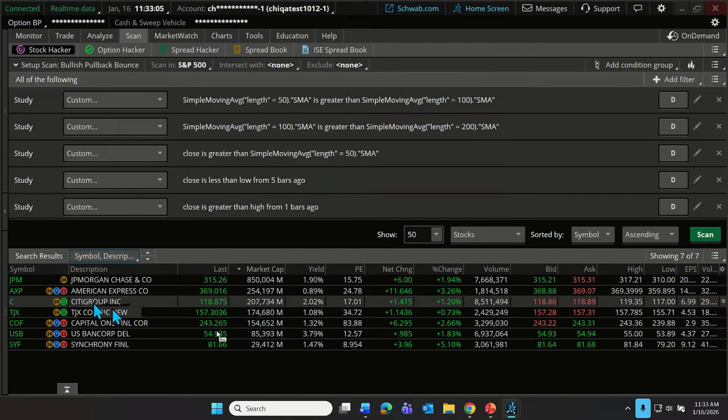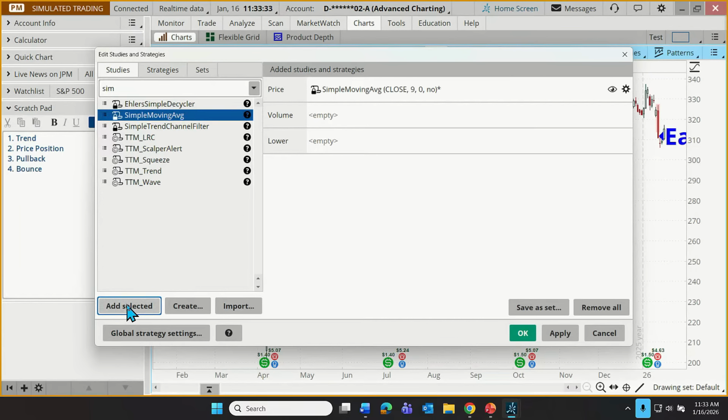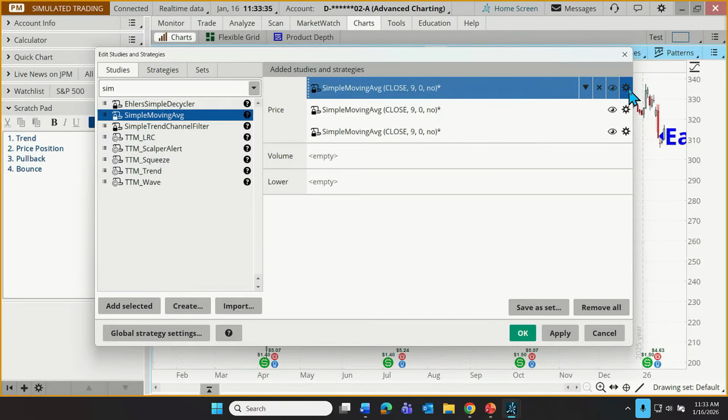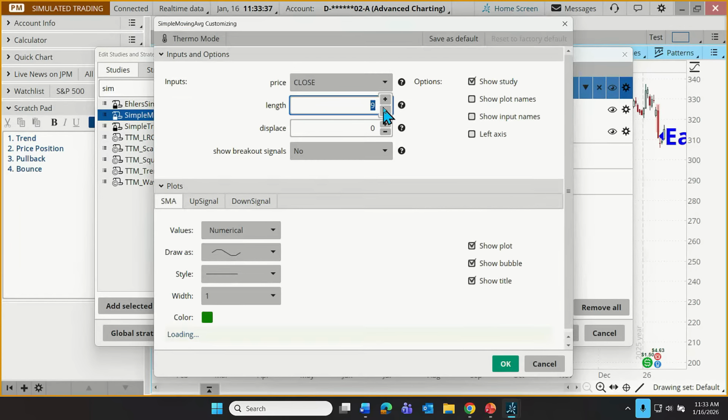Now I'm going to clean up our drawing set here. As I go to JPM, let's maybe remove our current study set. I don't want to delete the study set. Let's just remove all the studies. There we go. And let's add a few things here. Simple moving averages. We have 3 moving averages. We had the 50. Let's make that one red. We had the 100.